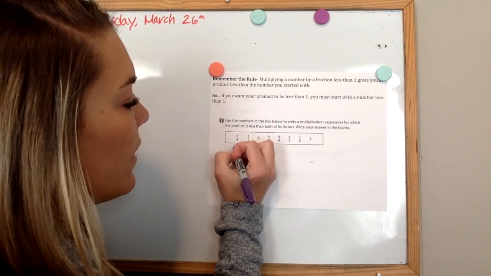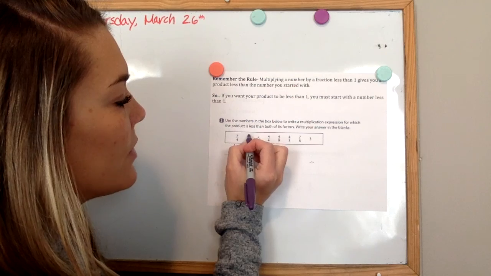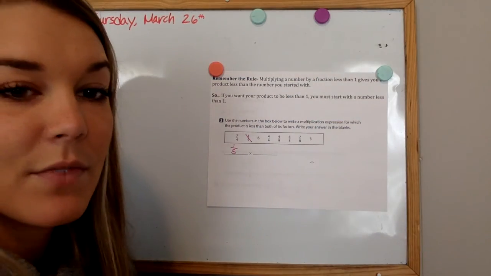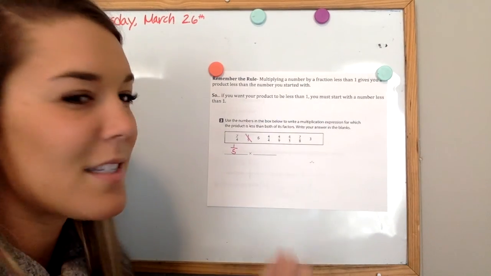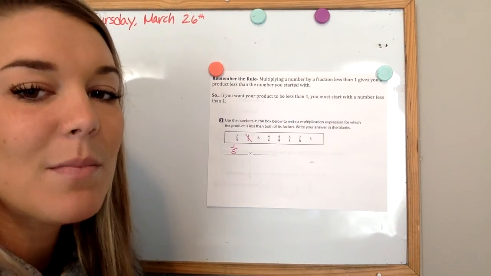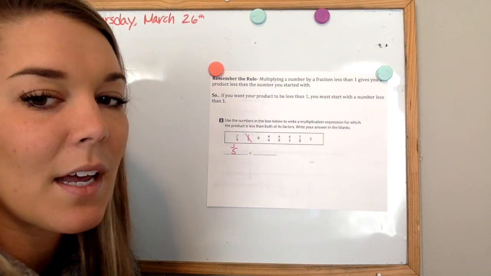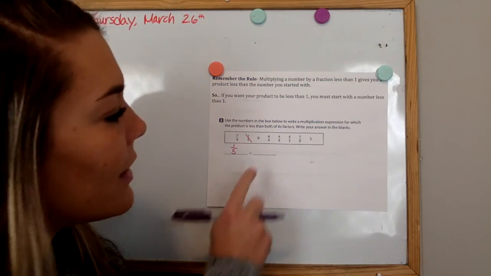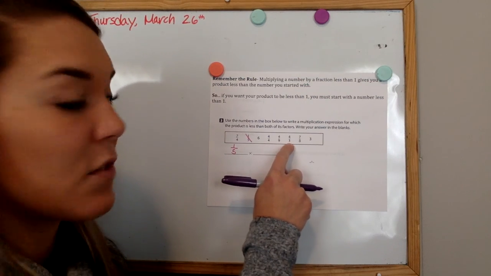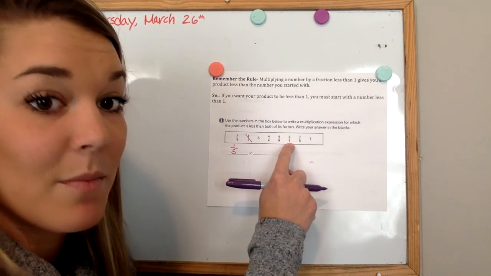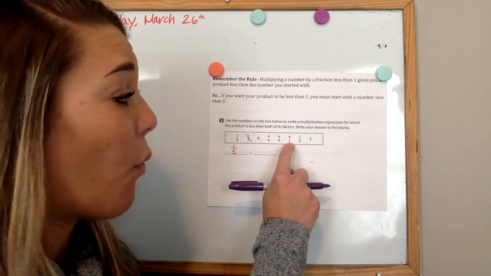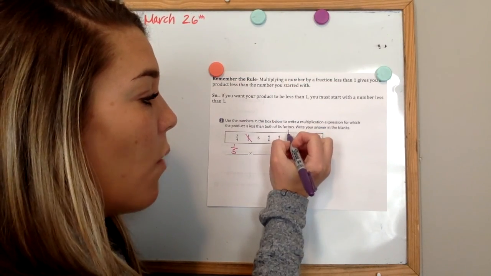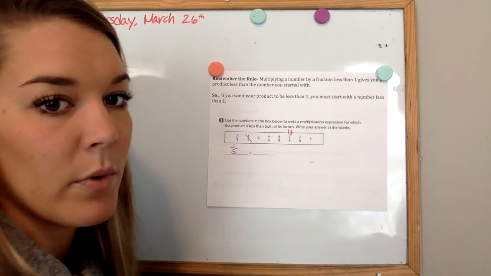I need to multiply it by another value that's going to give me a really small answer. So I'm going to pick another fraction that's less than 1. So I know 3/4. Oops, this is 4/3. See, even sometimes I make a mistake when I look at it first. 4/3 is more than 1 because 4/3 is the same thing as 1 and 1/3. So no, I wouldn't want to do that.